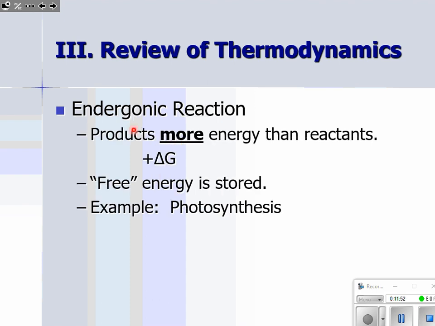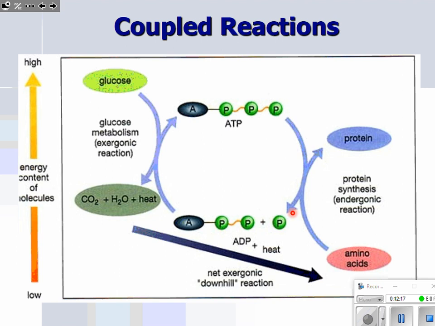The products have more stored energy, or what we call more potential energy, than the reactants did. That's a positive delta G. That means so-called free energy is being stored, and a great example of a biological process that is overall endergonic is photosynthesis.